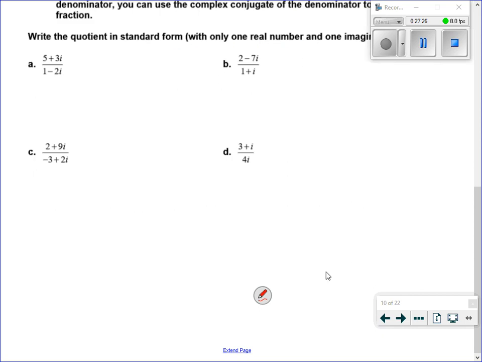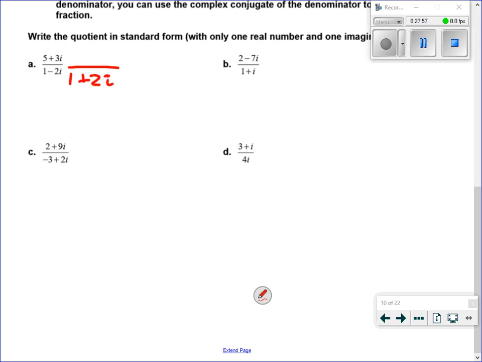So why we're doing this once again is we don't like having those complex numbers in our denominator, because that's like having a radical in your denominator. So we're going to multiply by our conjugate, so that way we have a real number in our denominator. So what would our conjugate be here for the denominator? 1 plus 2i.